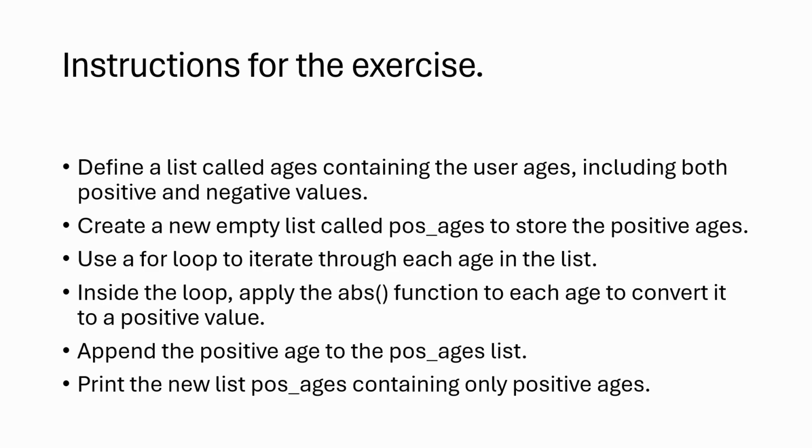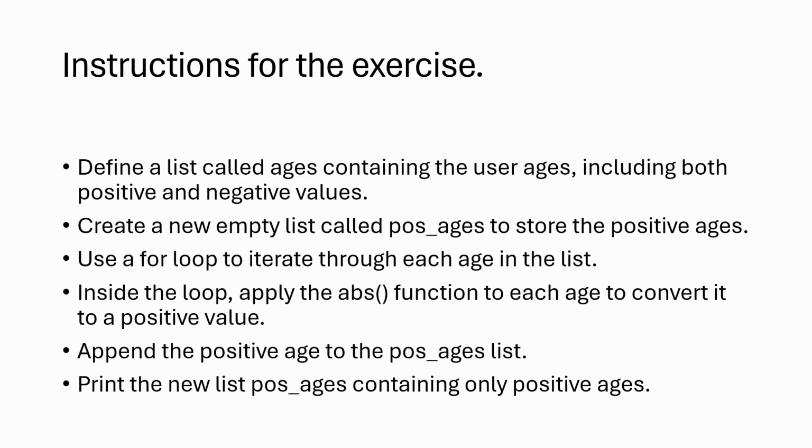Then you're going to use a for loop to iterate through each age in the list. Inside the for loop, you use the ABS function on each age to convert it to positive. Then you're going to append the positive age to the list of positive ages. Then you're going to print the new list containing the positive ages. All right, so please try that.